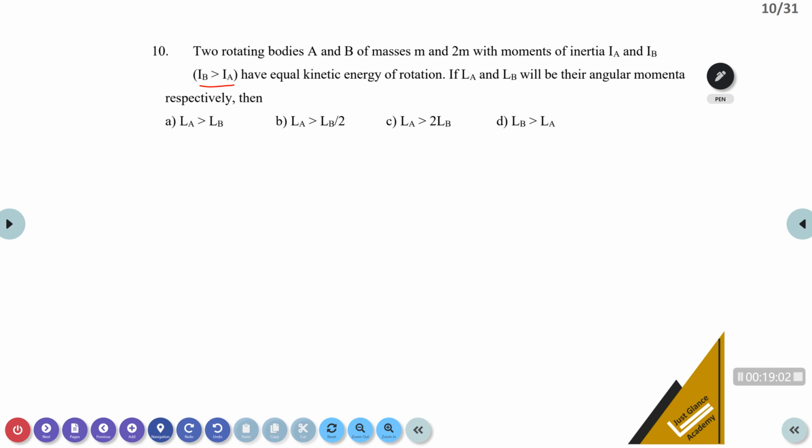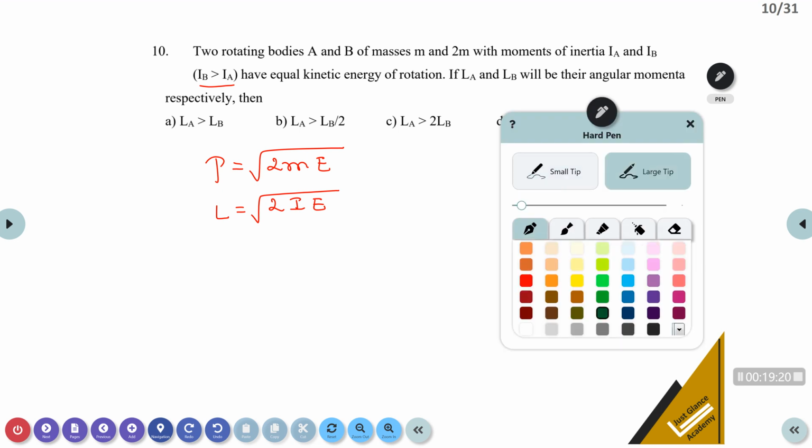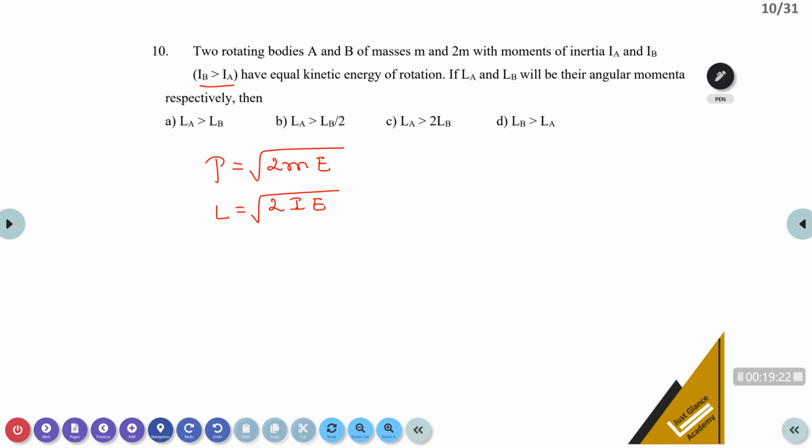Just now I discussed, no? P equals square root of 2m into E. Similarly, L equals square root of 2I into E. Here he has given kinetic energies are equal, so that is eliminated, and 2 is also constant.